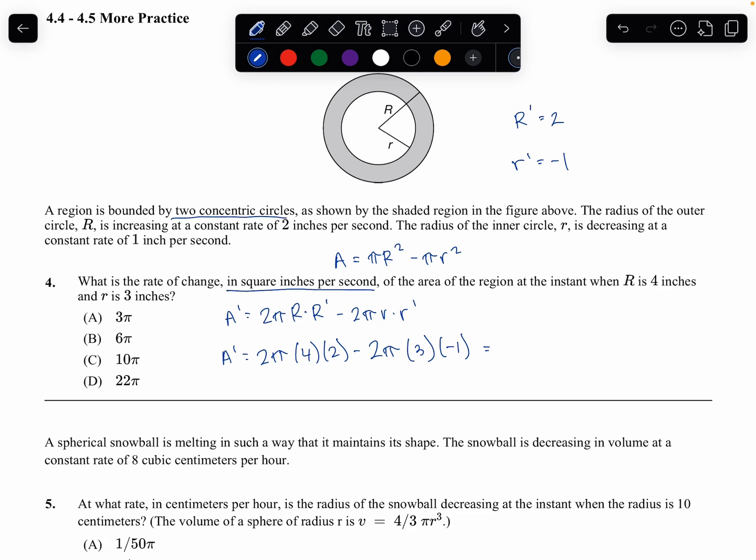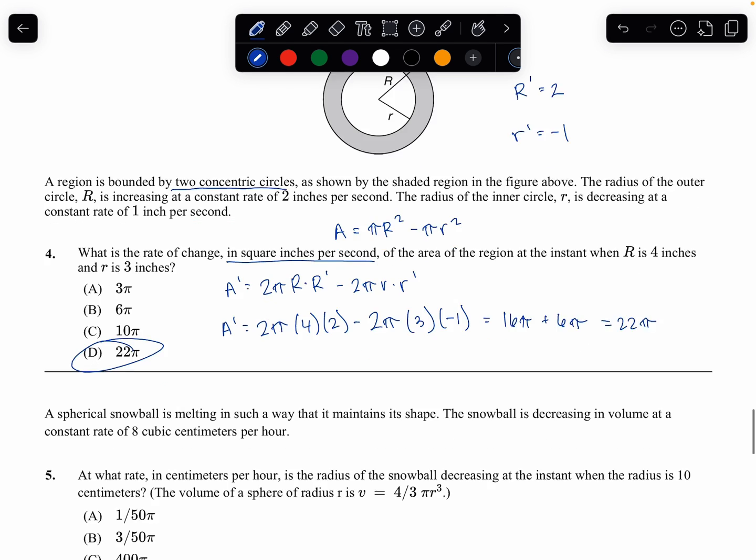So that's going to be 16 pi plus 6 pi. So is that going to be equal to 22 pi? I think it is. There you go.